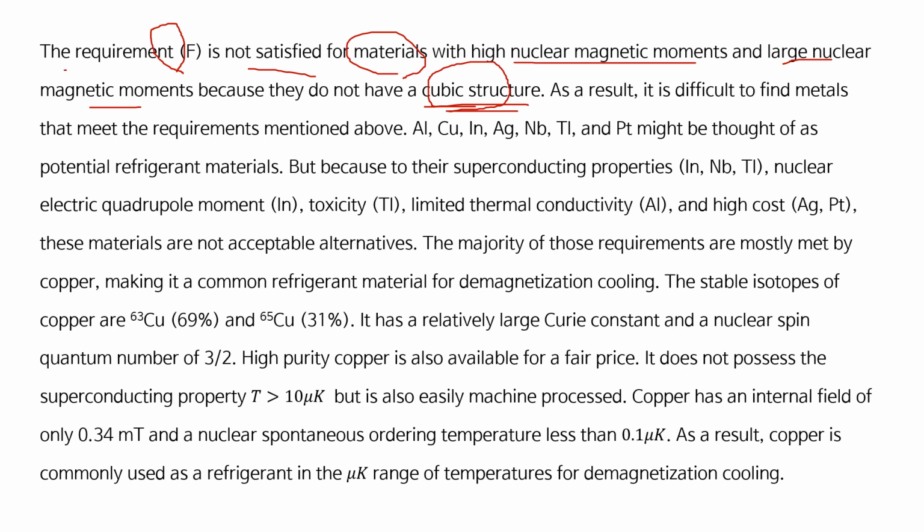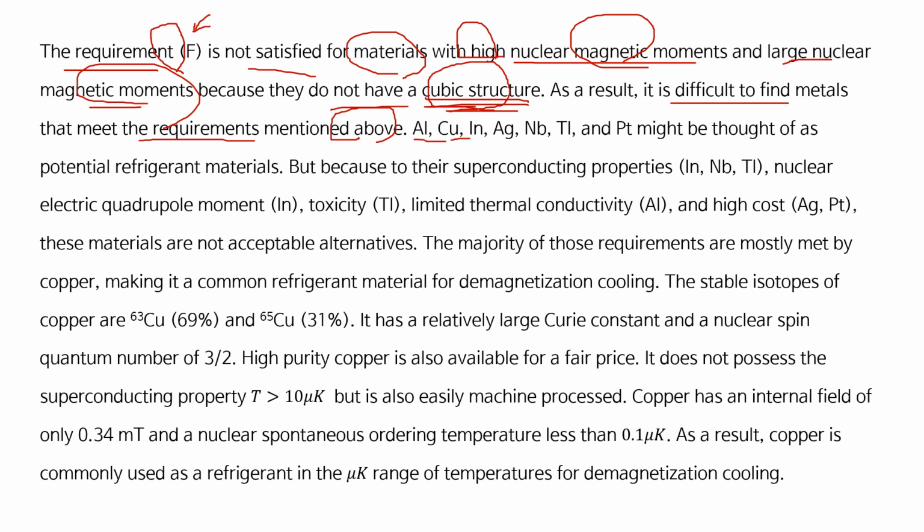The requirement F is that the material is better to have the cubic structure, but with cubic structure, they do not have the large nuclear magnetic moments. As a result, it is difficult to find metals that meet the requirements mentioned above.